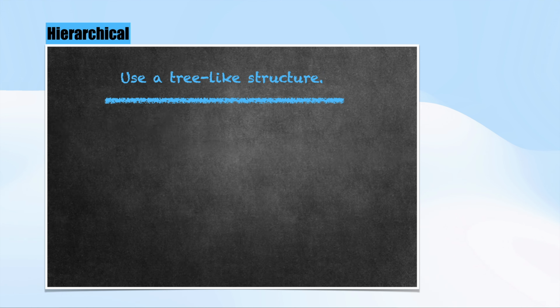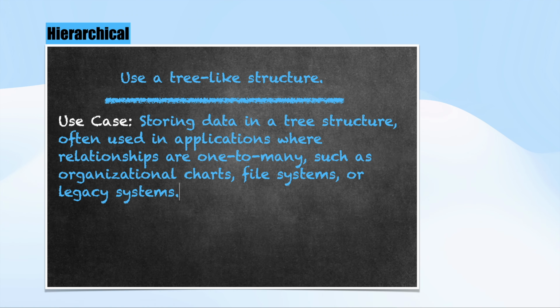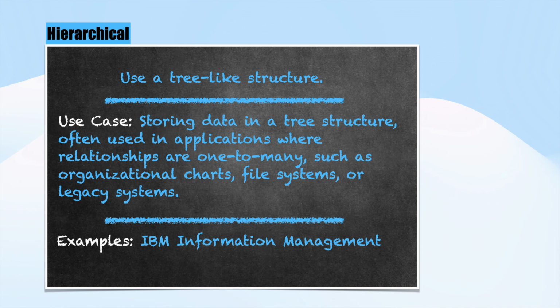So to wrap it up, hierarchical databases are great for storing data in a tree structure with a one-to-many relationship. They are often used in organizational charts, file systems, and legacy systems, with examples like IBM IMS and airline reservation systems, making the most of the hierarchical design.